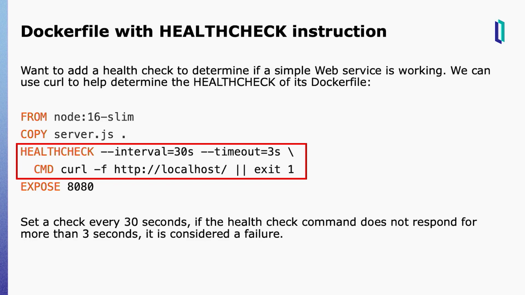So this is an example of putting that health check into your Docker file. We specified the health check instruction. We've said we're going to issue this command every 30 seconds. The timeout is 3 seconds, and we're just issuing an HTTP request to an endpoint that you would define in your application. So this is going to run inside the application.